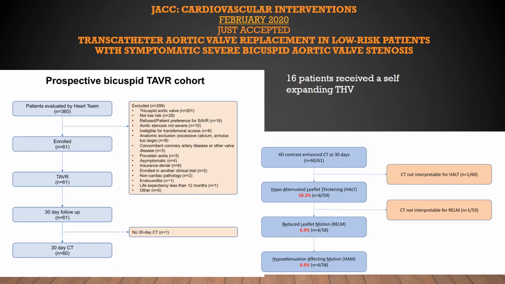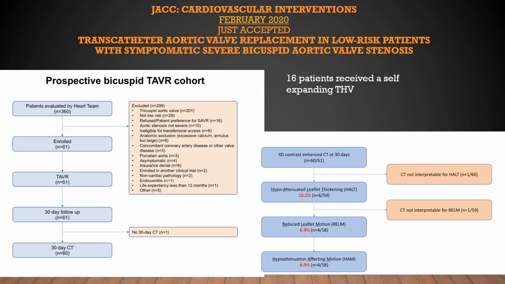Let's go on to some of the newer data. This is a publication that was just accepted for publication by Ron Waxman and his group, and this is a prospective bicuspid TAVR cohort. It is interesting to point out that a total of 360 patients were evaluated, and a total of 61 patients were enrolled in this prospective study.